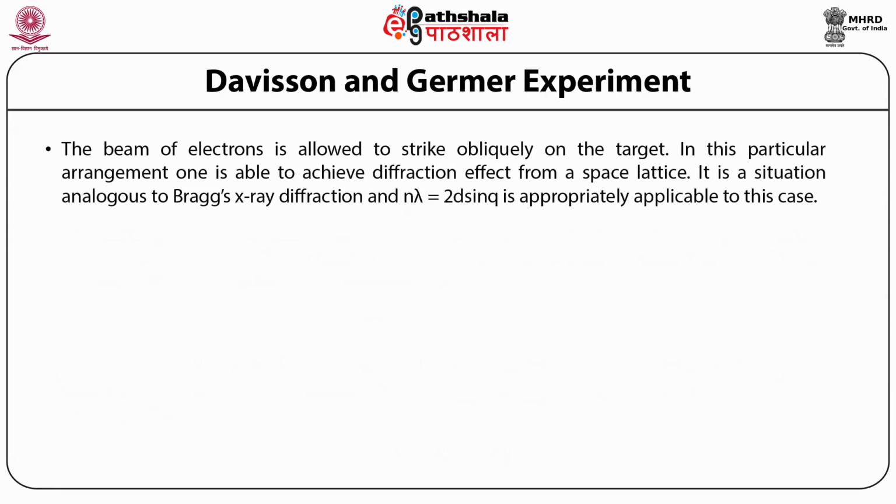B. The beam of electrons is allowed to strike obliquely on the target. In this arrangement, one is able to achieve a diffraction effect from a space lattice. It is a situation analogous to Bragg's X-ray diffraction, and n lambda equals 2d sine theta is applicable to this case.